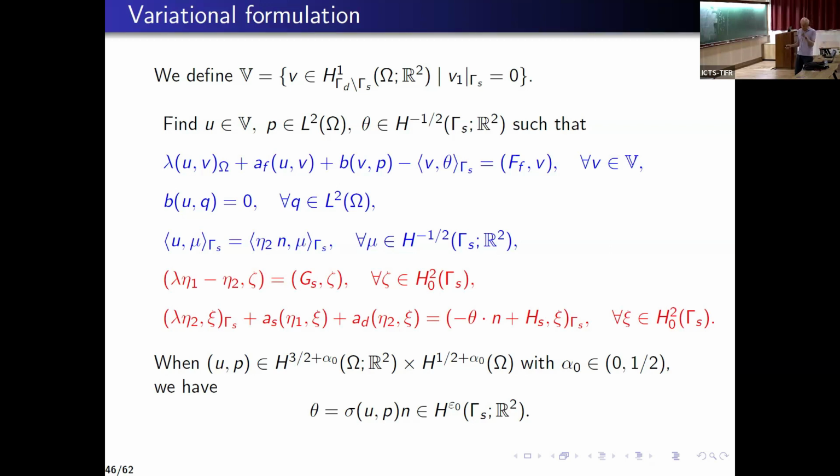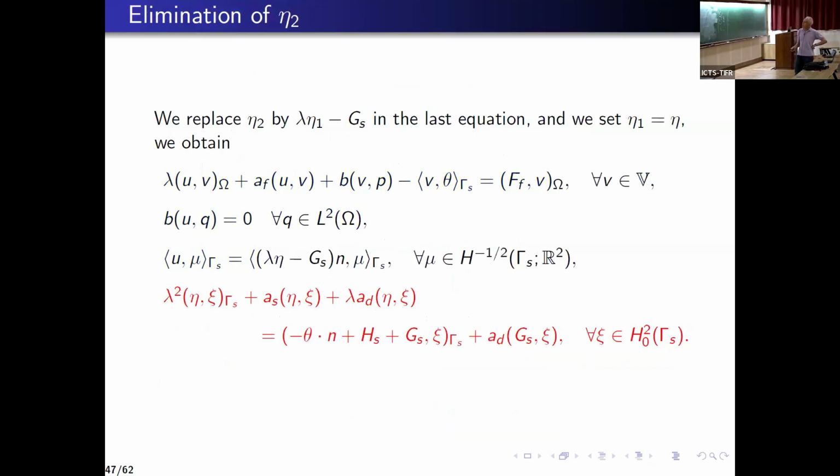Okay, so now the idea is to say, to make the numerical analysis, I'm going to use a monolithic formulation. It means I'm going first to replace eta 2 by lambda eta 1 g and write everything for eta. So I end up with something which is simpler. And I'm going to make the sum between the two.